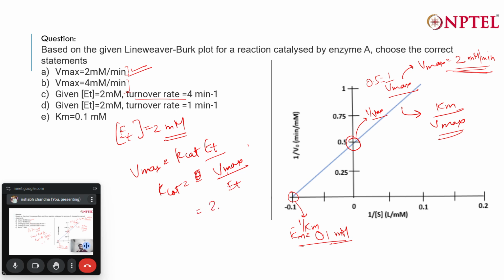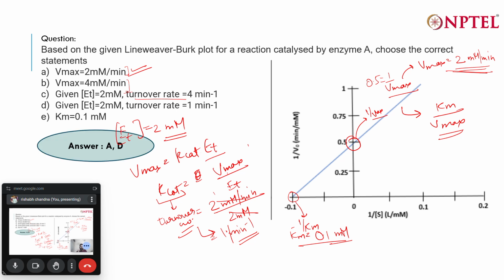Vmax was 2 millimolar per minute and Et was 2 millimolar. So that would give us 1 per minute. And the turnover number is basically the Kcat. So the turnover number is 1 per minute. So the correct answer is A and D.